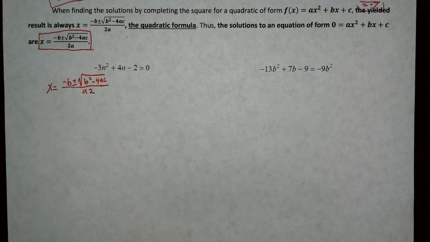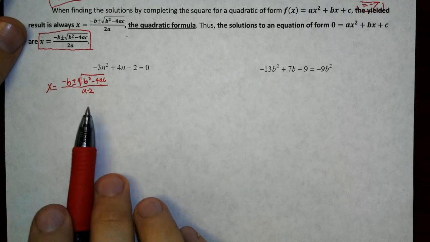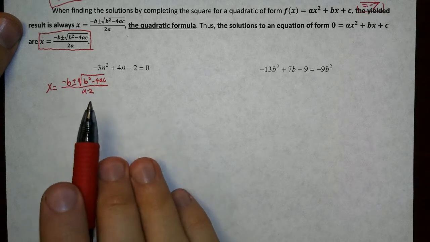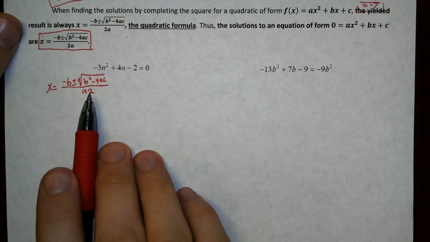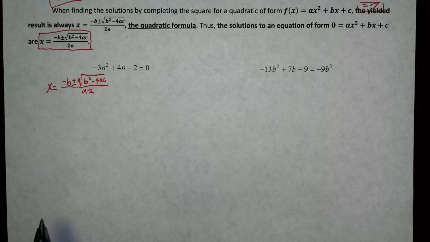We never want to forget this. Side note, I actually never remembered this in high school or college. I just completed the square. I preferred the method over the memory. You guys know I don't have a great memory. If you don't want to memorize that, you can just complete the square. But you do want to write this down so you're straight on it. And I think most of your tests will have this in it, so you'll be good to go.